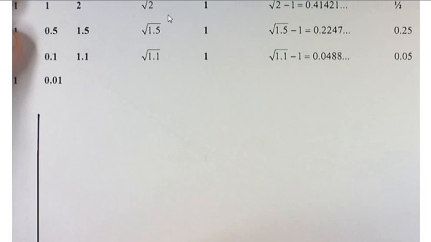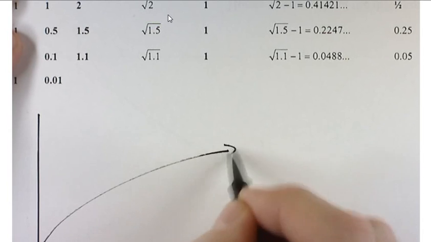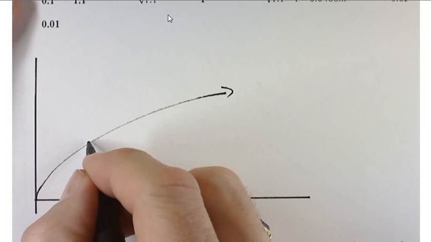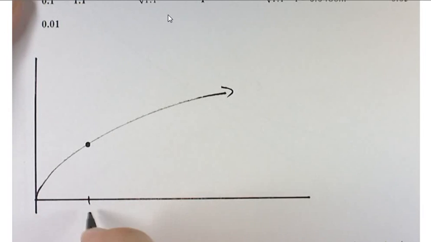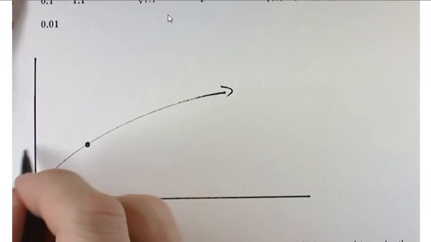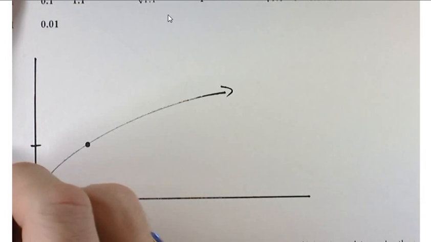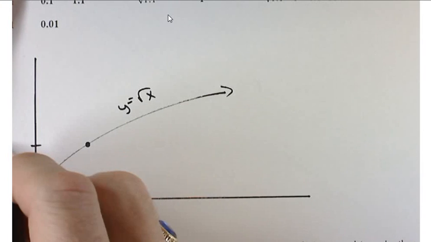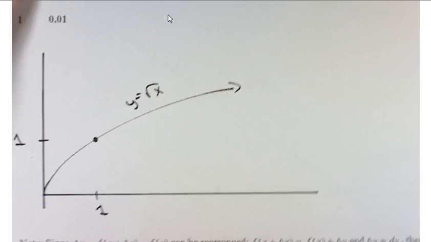So it's going to be a parabola that opens sideways, the top half of that. And we'll look at it near x equal 1. So at x equal 1, y equals the square root of 1, which is 1.